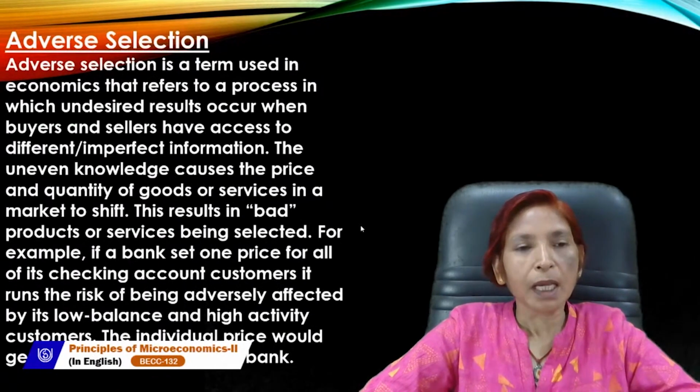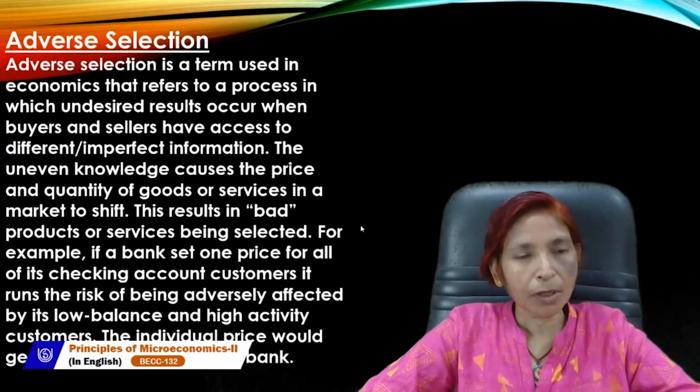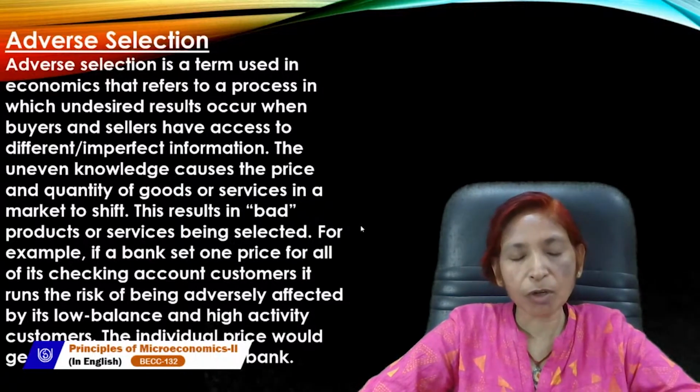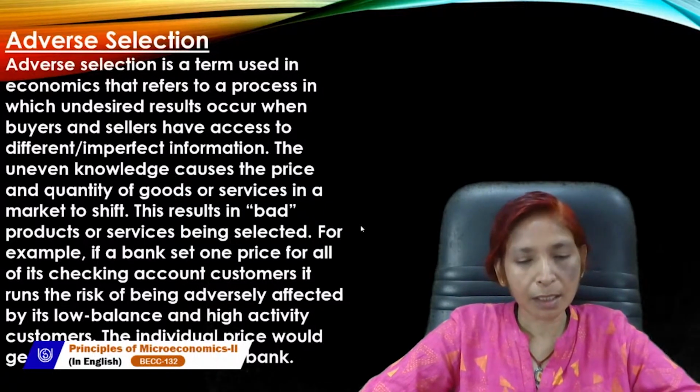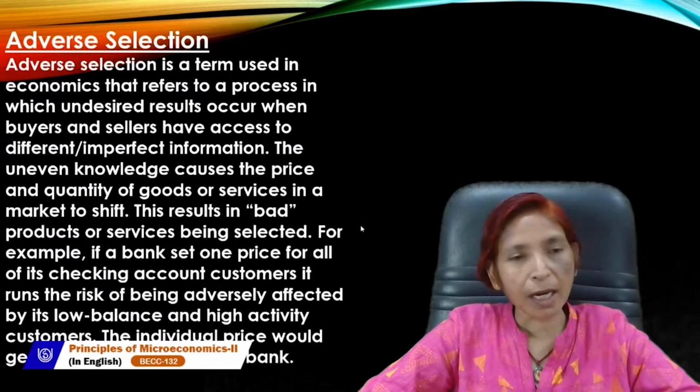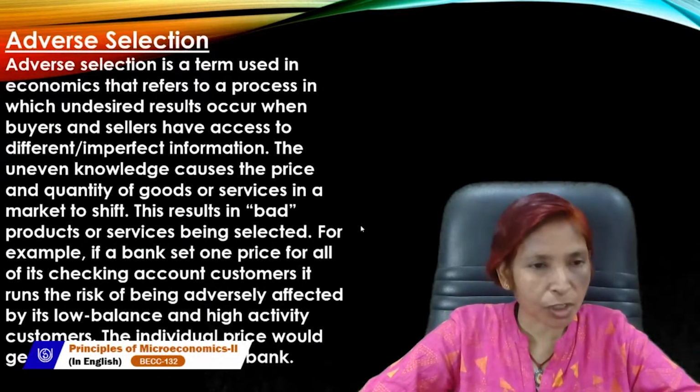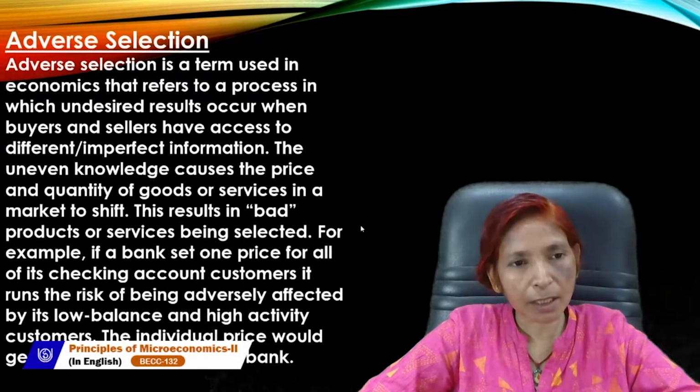If both good and bad commodities exist in the market, and we don't know which commodity is good and which is bad, and if we don't have perfect information regarding that commodity, we can choose the bad commodity.